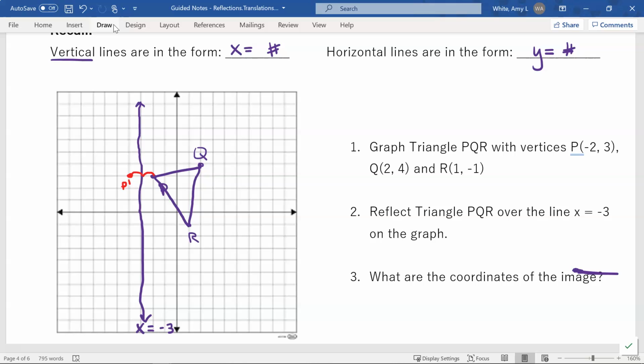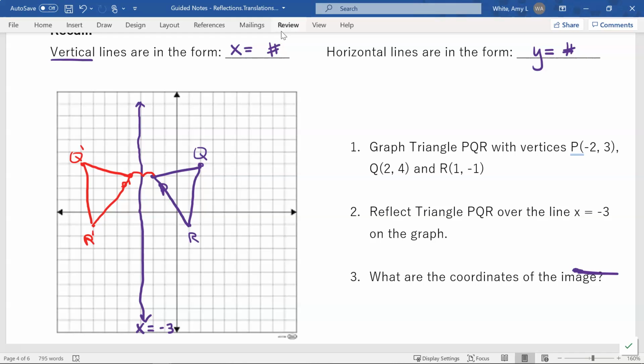So I'm going to go 1, 2, 3, 4, 5 units, and there's going to be Q prime. R is 4 units away, so I'm going to go 4 on the other side, and there is R prime. And then I can connect my points, and we reflected it over a different line.